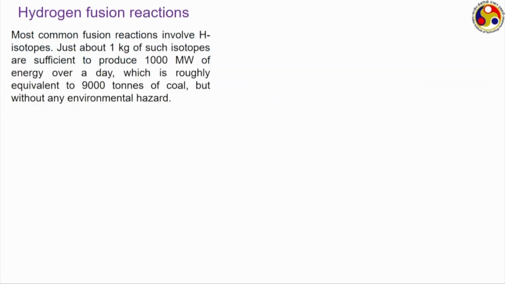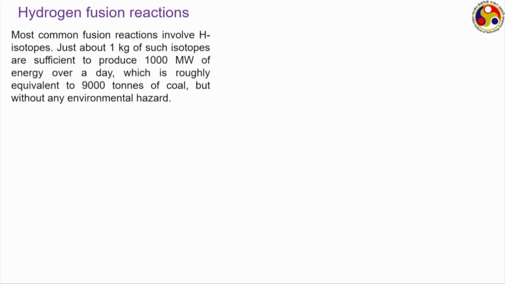So, now we go to see what other kinds of fusion reaction we can have. Generally, deuterium is the most common material that you use in case of fusion, and it can interact with other deuterium or tritium isotopes.